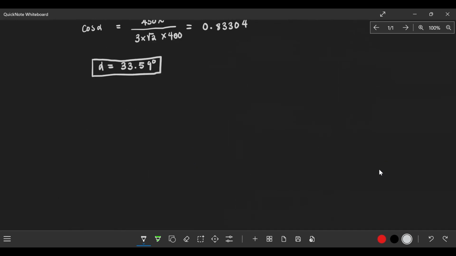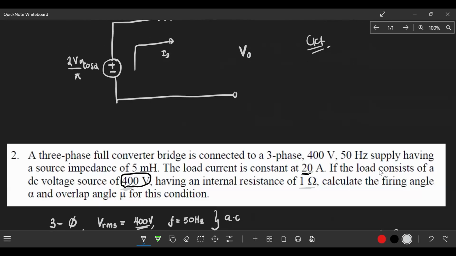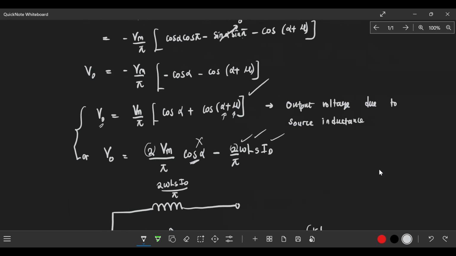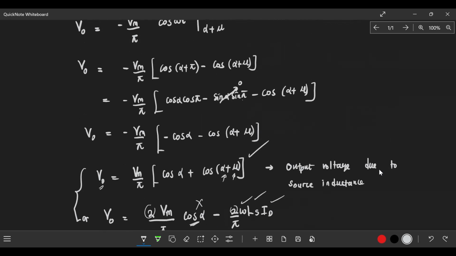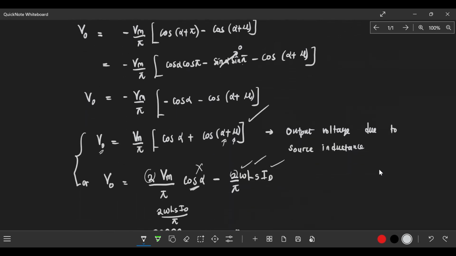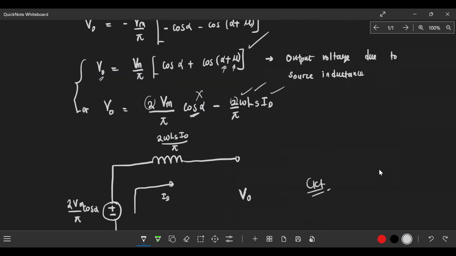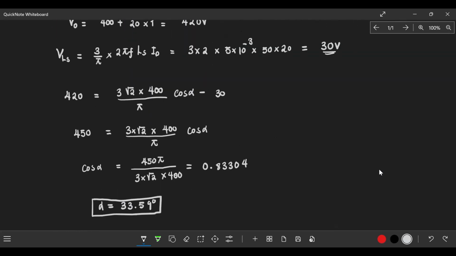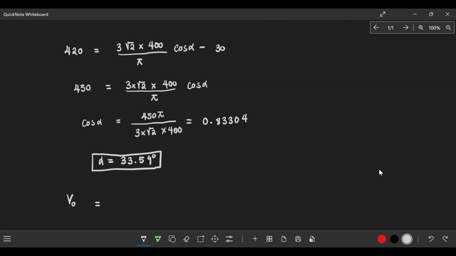So for us to find the overlap angle, we're going to use this equation. VO is equal to 3 VM over pi, since this is a 3-phase question.